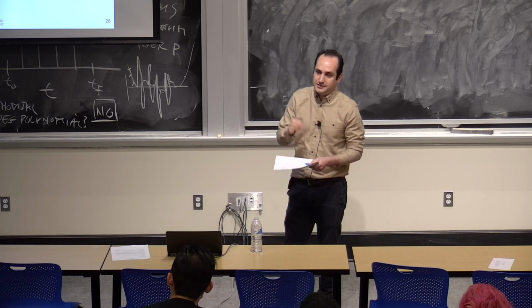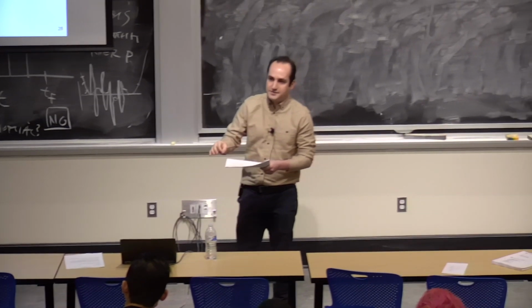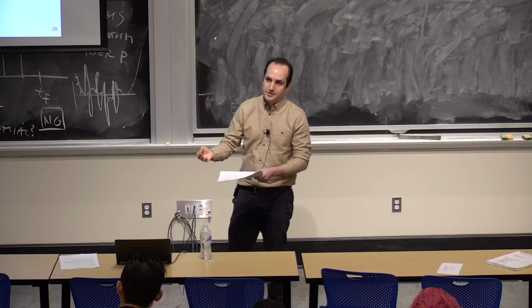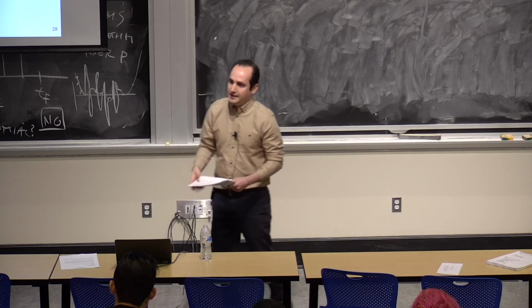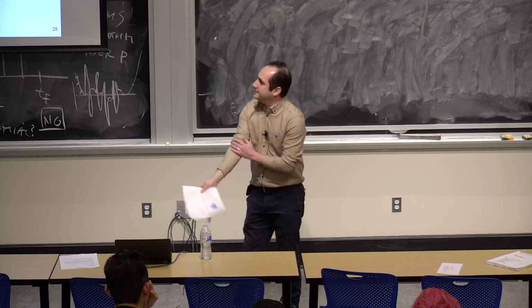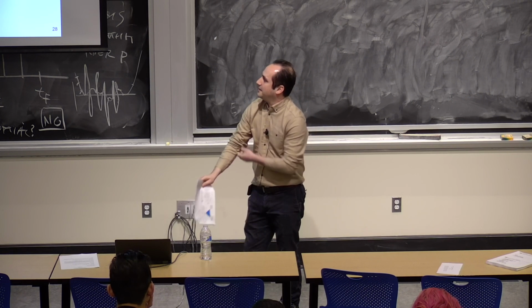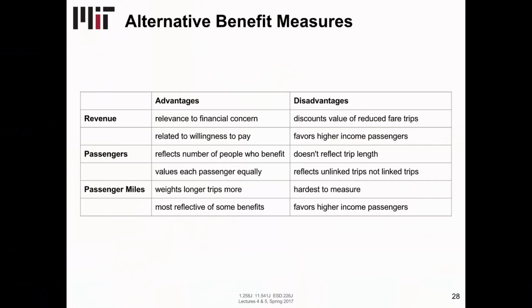Although they may be traveling to one destination, and there's only one opportunity, or one activity happening at the destination. So one way to improve this is to measure passenger miles as a better proxy of mobility in the network.